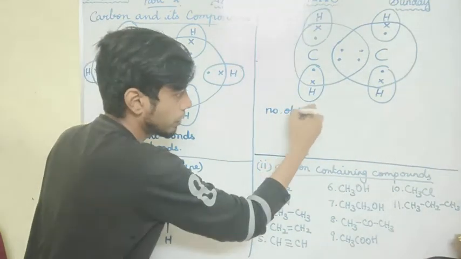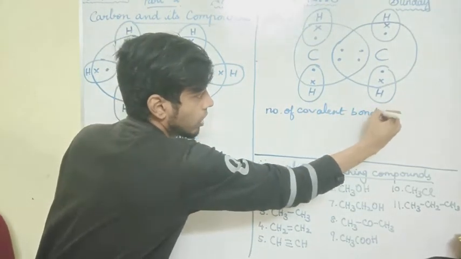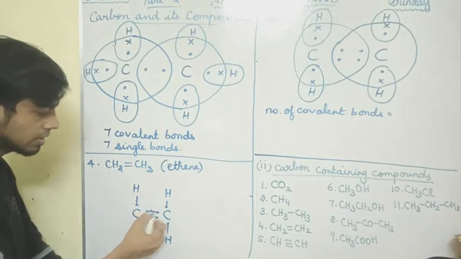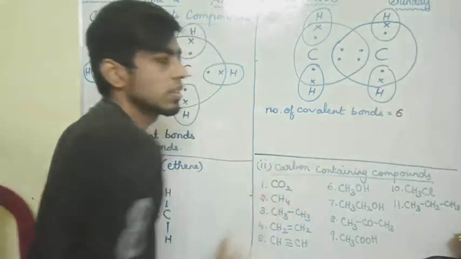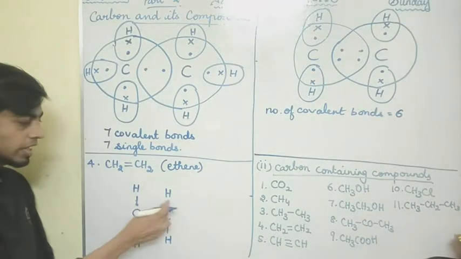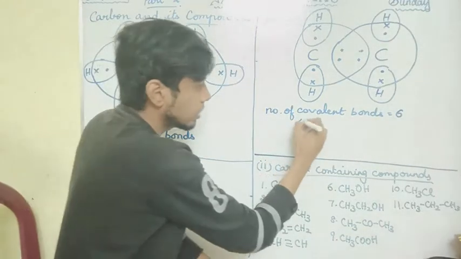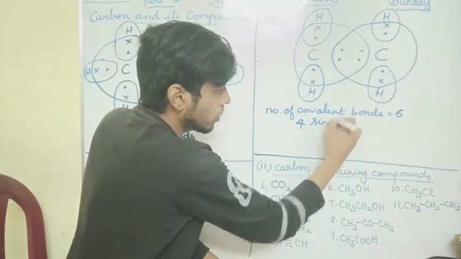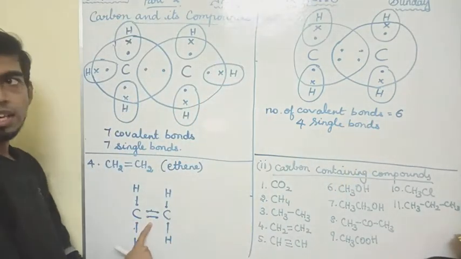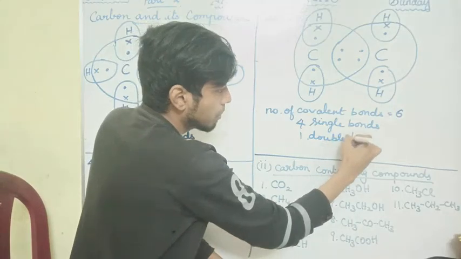First you count the number of covalent bonds. 1, 2, 3, 4, 5, 6. 6 covalent bonds. Out of the 6, 4 bonds are single bonds, and 1 bond is a double bond. 4 single bonds and 1 double bond.